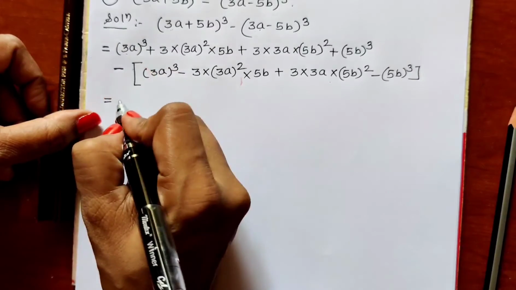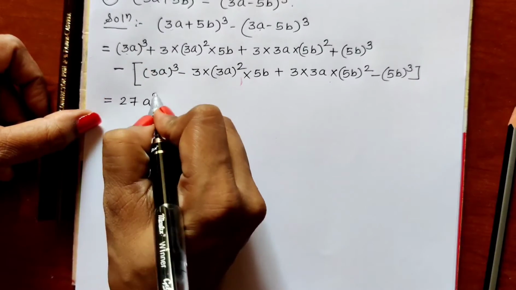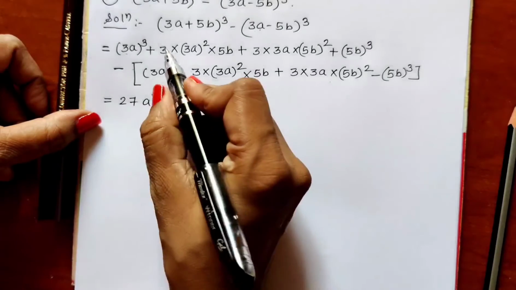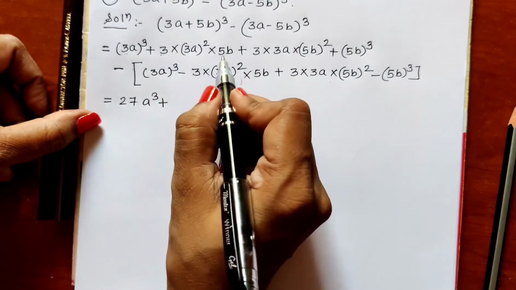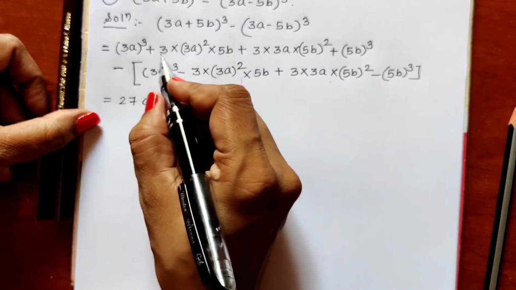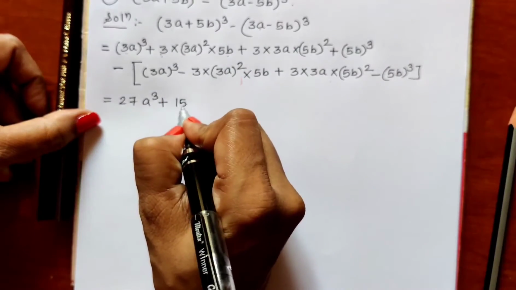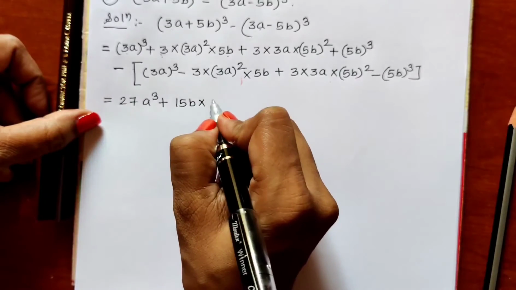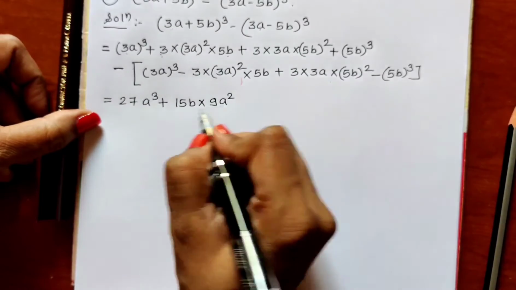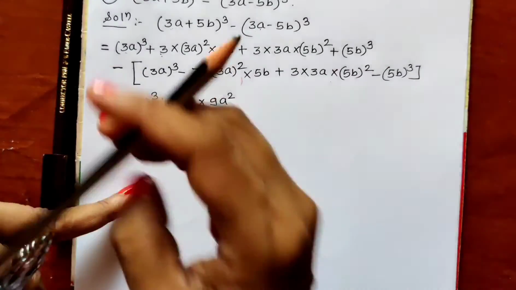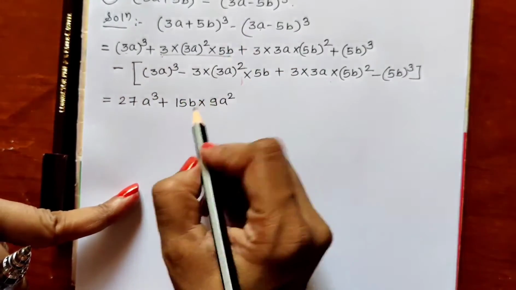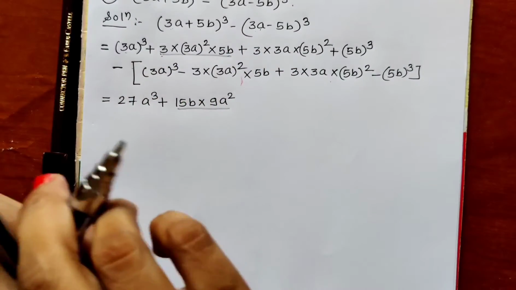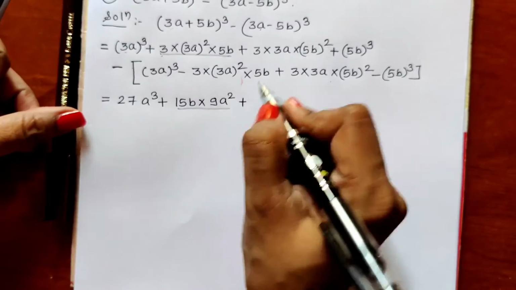(3a) cube, 3 cube is 27, cube of a is a cube, plus 3 into 5, first we will do multiplication of these two numbers. 3 into 5b is 15b, multiply by (3a) square, 3 square is 9, square of a is a square. So this is actually a single term, we have to make the single term out of that. Plus 3 3s are 9.